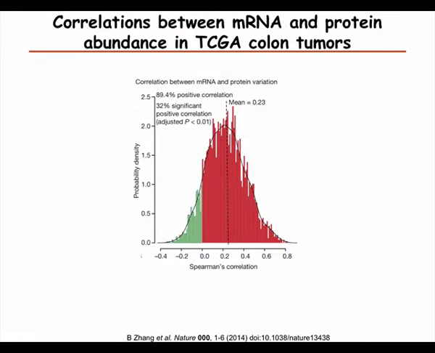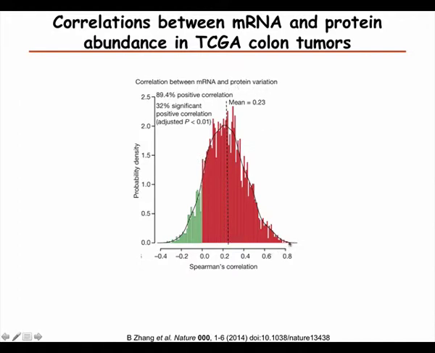Another few examples of going from very detailed information to very large overviews. So in this case, we looked at correlations between individual samples. So this shows the correlation. This is proteomics colon data, from 95 samples, and showing the correlation between mRNA and a protein.